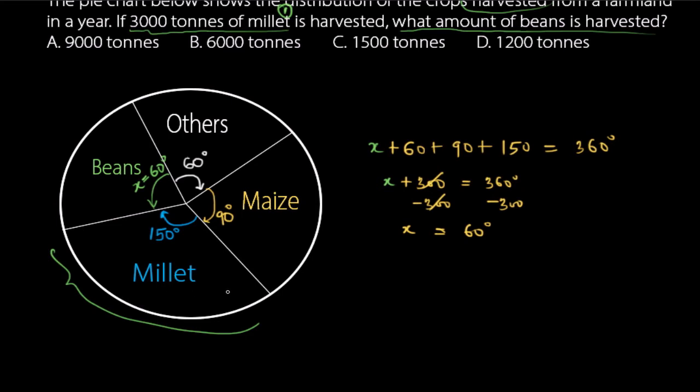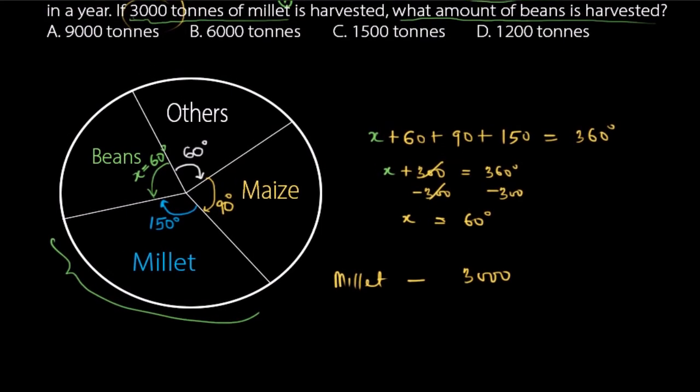So if millet has a proportion of 3,000, then we are told to find what amount of beans is harvested, that is, the proportion of beans in the circle.